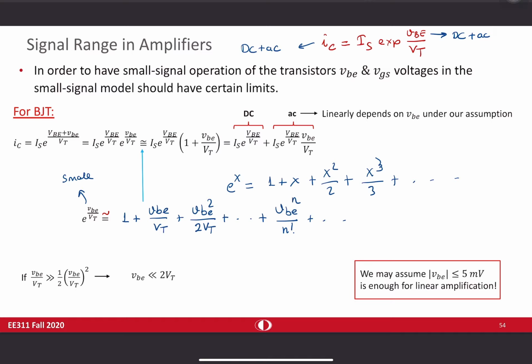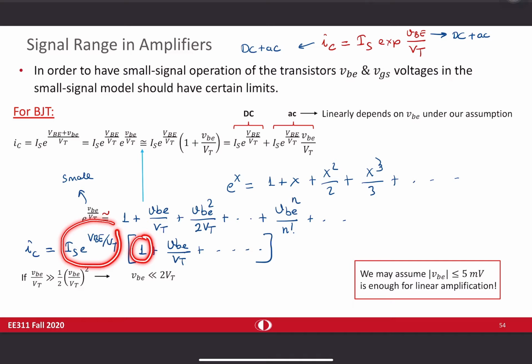So if you use that, then IC will be equal to IS e to the power VBE divided by VT times 1 plus VBE divided by VT, and so on and so forth. Look at the first term in here. This is 1, and this is the DC IC.